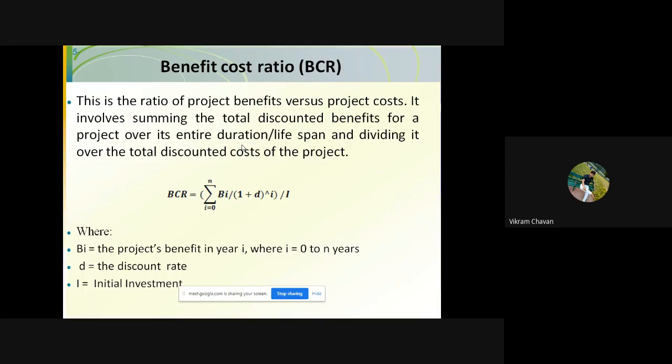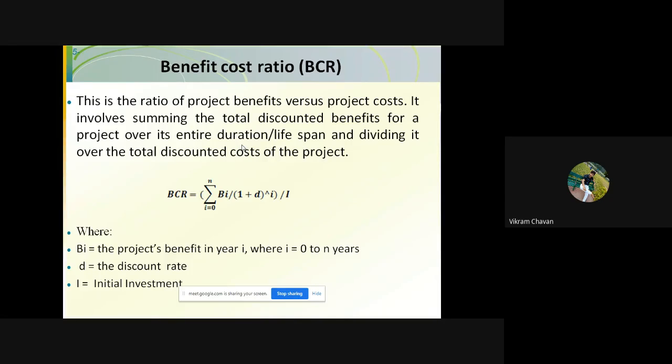It involves summing the total discounted benefits for a project over its entire duration, or lifespan, and dividing it by the total discounted cost of the project. So in the simple formula we have to consider the benefits in a discounted manner, as we do in the case of NPV, net present value.